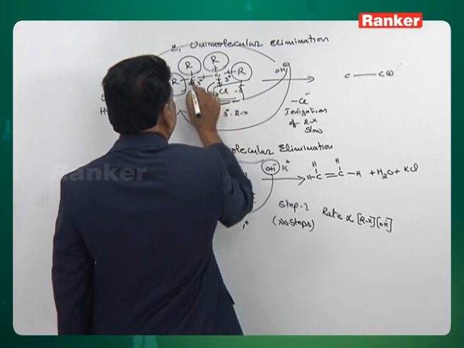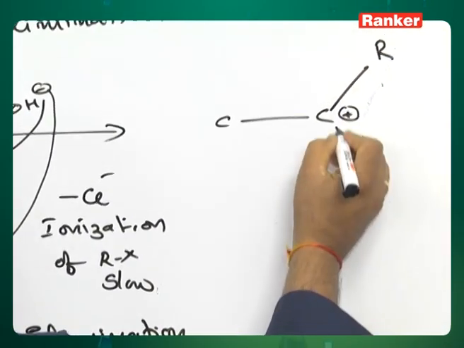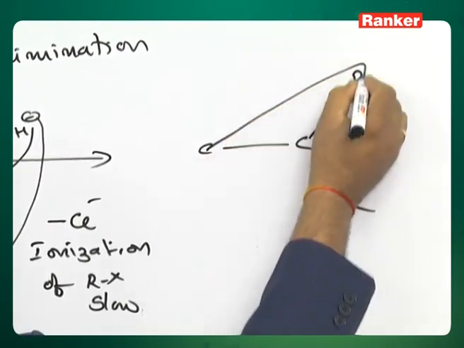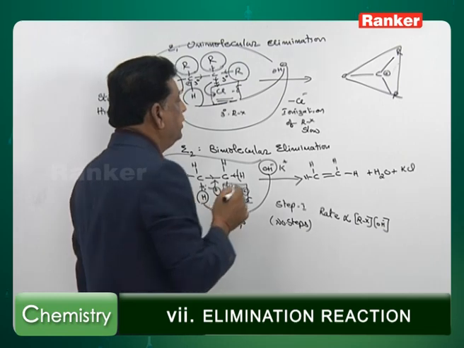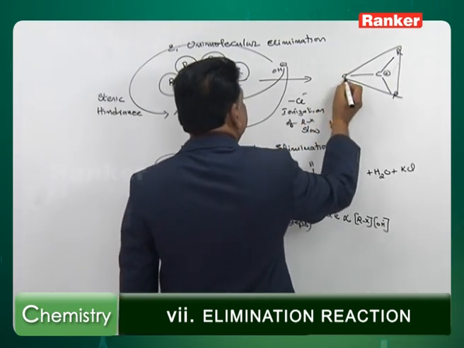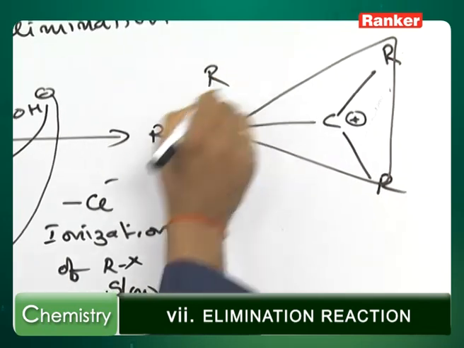It is right now tetrahedral, but once the Cl goes, this carbon will acquire a trigonal planarity, but the second carbon where hydrogen is there will still have that tetrahedral problem.